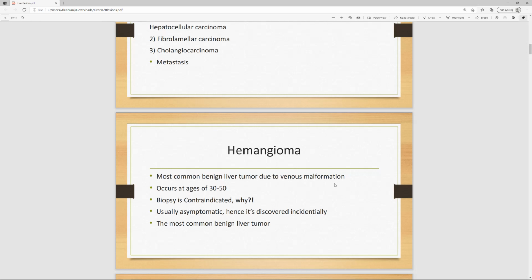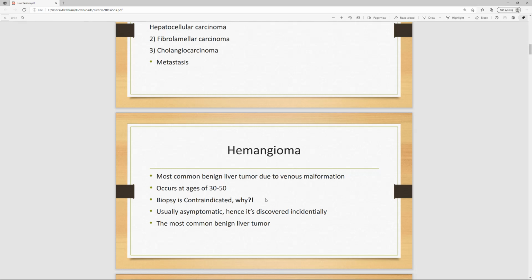Biopsy is contraindicated. Why is it contraindicated? Imagine you have an organ that is highly vascularized, with lots of blood vessels. Whenever you insert a needle, you will induce hemorrhage, and this hemorrhage will be massive. You will not be able to stop the bleeding.